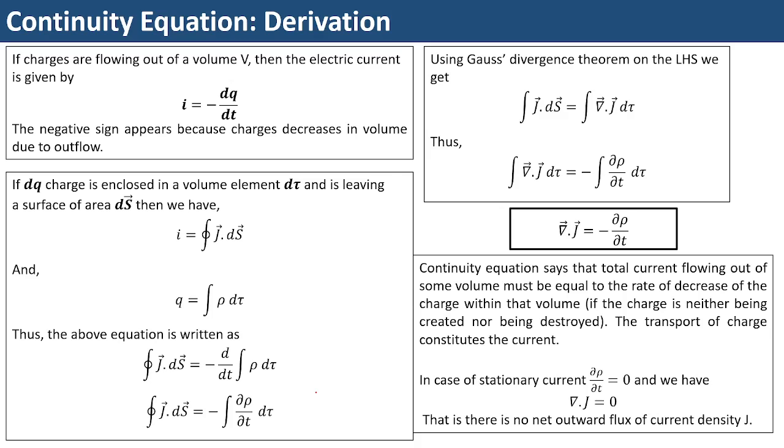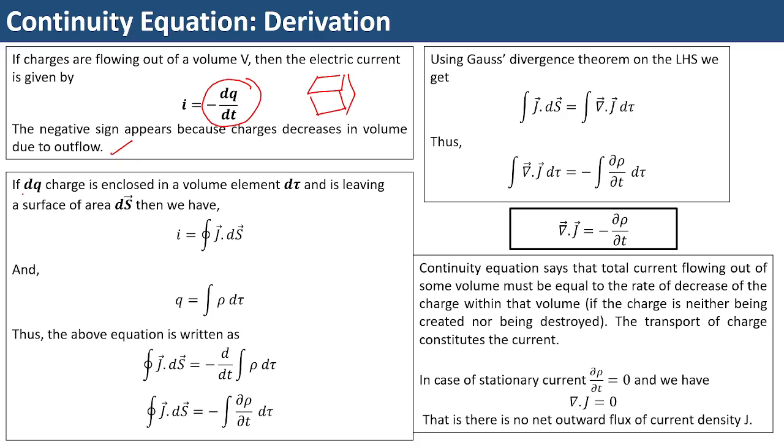So how exactly can we derive the continuity equation? See, mathematically, current is nothing but, suppose there is a volume through which charges are flowing out. That means there is a negative rate of charge flow, so d/dt of q will be negative. The negative sign appears because the charge decreases within the volume due to outflow.